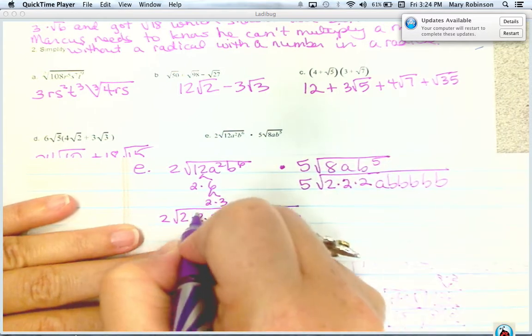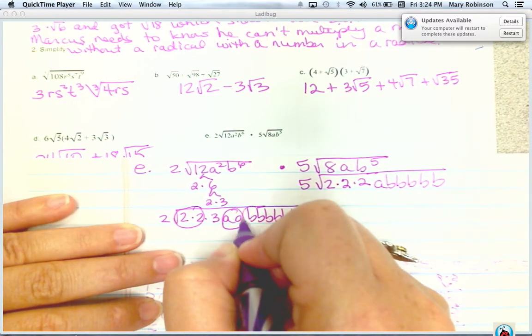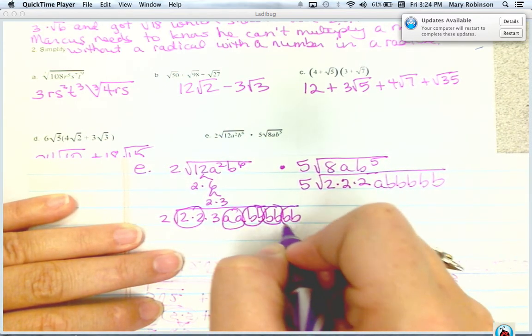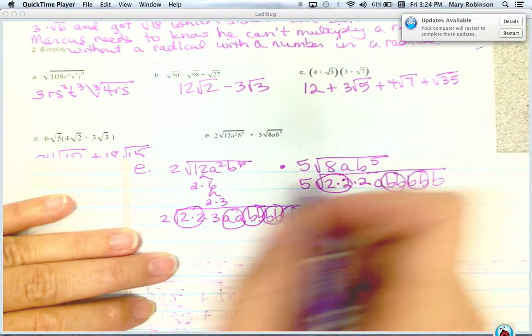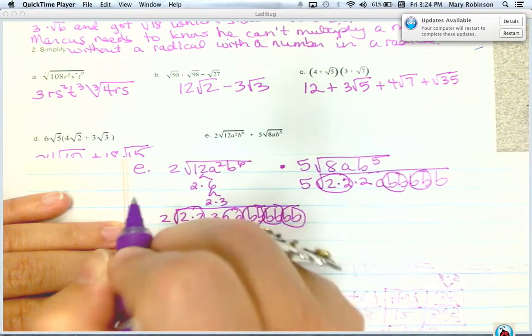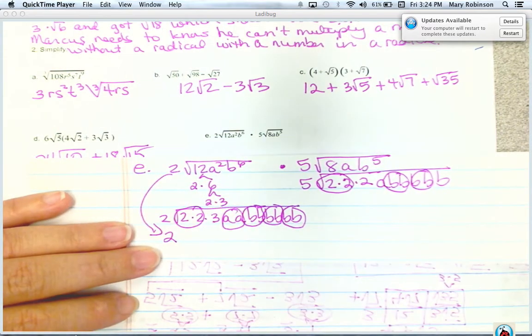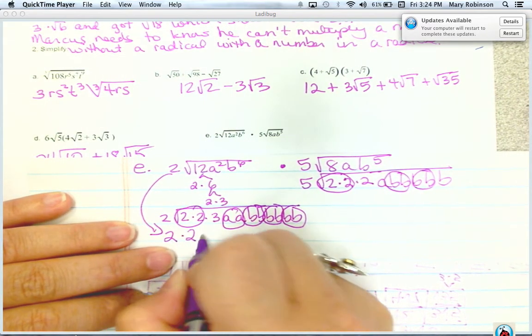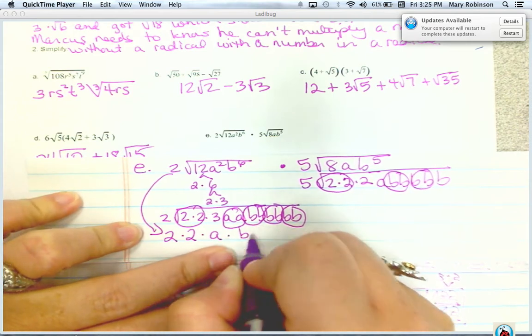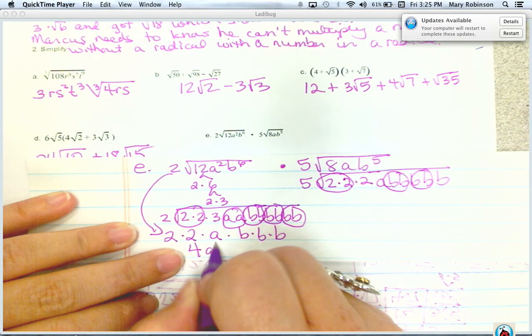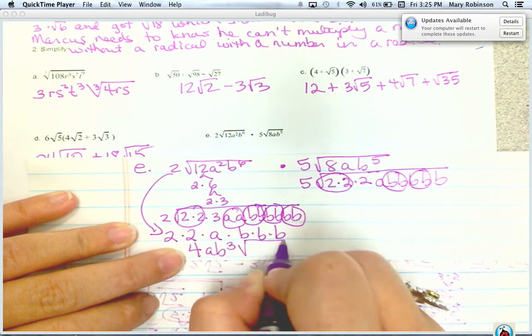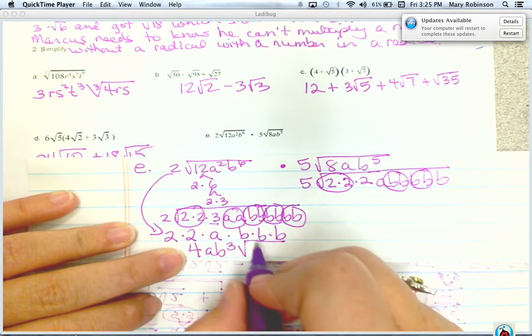Because our index is 2, we're looking for pairs of the same factor. Now over here I already have a 2, but then I'm bringing out a 2, and an A, and a B, and B, and B. So that gives me 4AB cubed. Square root of what's left is just my 3.